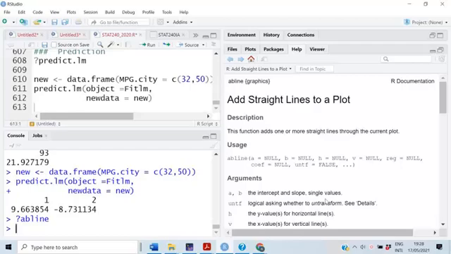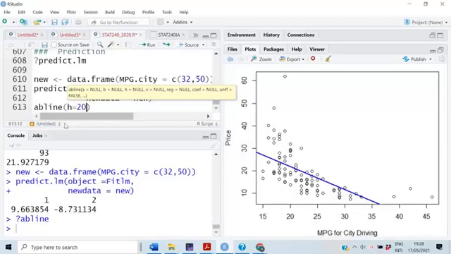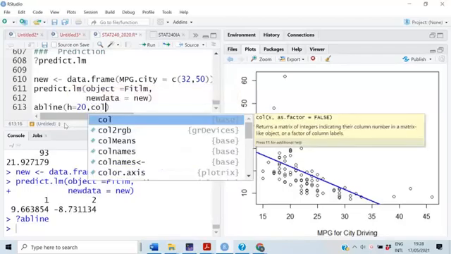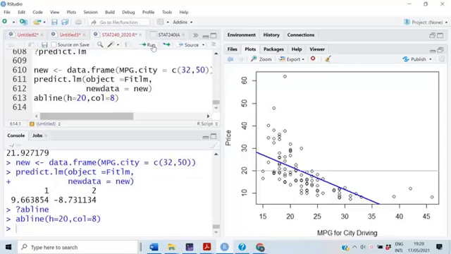So for example, if I want to see the value for, let's say, 20, I can say abline with h equal to 20. So, horizontal line at 20. I can maybe color it, let's say 8. I don't know the 8 color, but you see there, it's like gray.